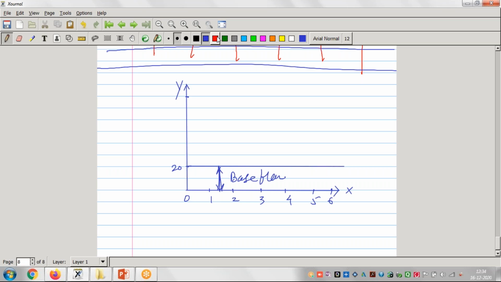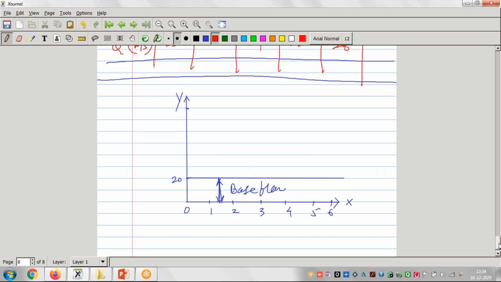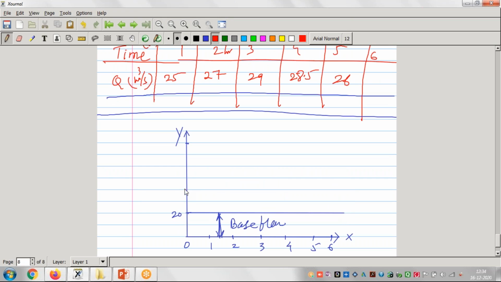Now, after 1 hour, what was the discharge? 25 meter cube. So here I take, say, this is 20, and this is 25, this is 30, this is 35, whatever. So at 1 hour, what was the discharge? 25, so I will mark it somewhere here.